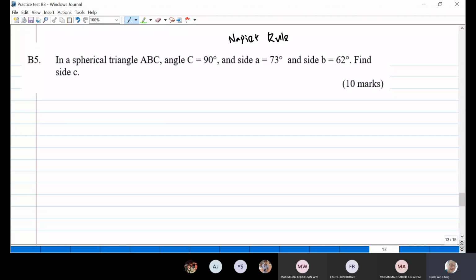So here a triangle ABC, right? The bigger triangle, let's draw a triangle. Let's say this is C, so A, B, C here. This is 90 degrees at C. Side A is 73 degrees. All the lengths are measured in degrees now.